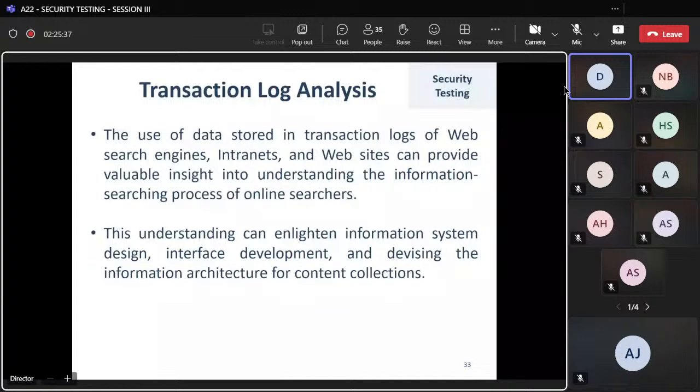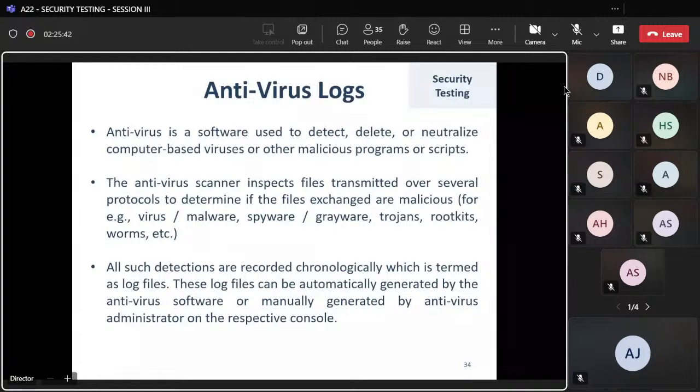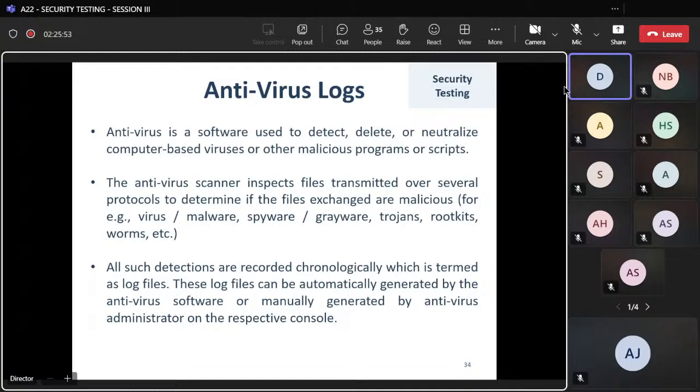Transaction logs, and AV logs, the antivirus logs. Basically, the antivirus software helps to detect, clean, remove, or neutralize some of the threats or known malicious programs or scripts. Over a period of time, it will log information about any kind of detections, for example a spyware, a Trojan, or a worm.